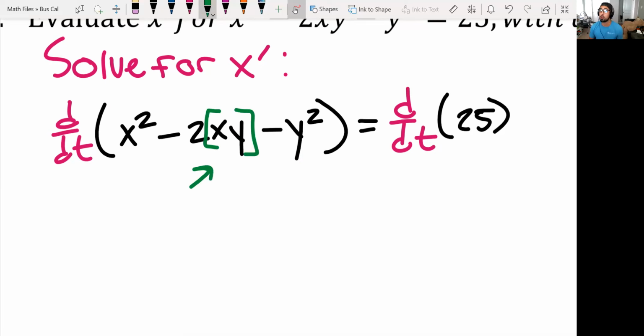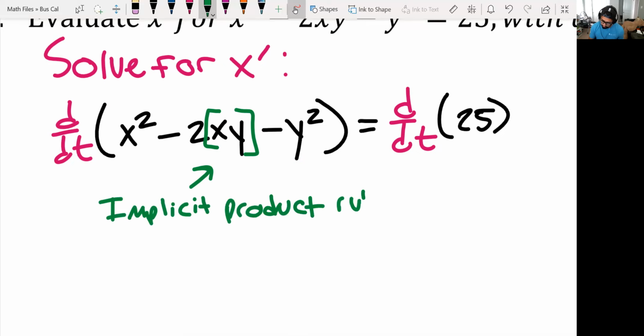And this is going to use another implicit product rule of x, y. But remember, this time it's with respect to time.